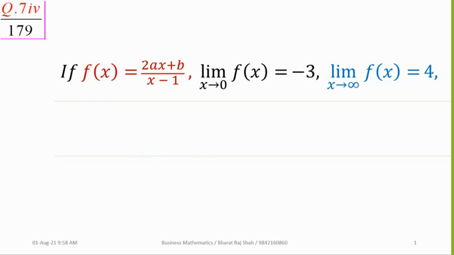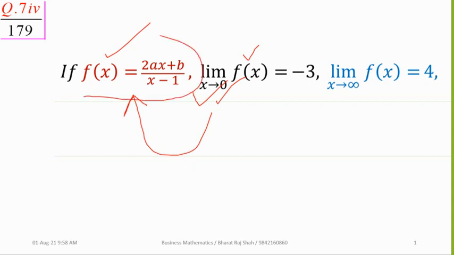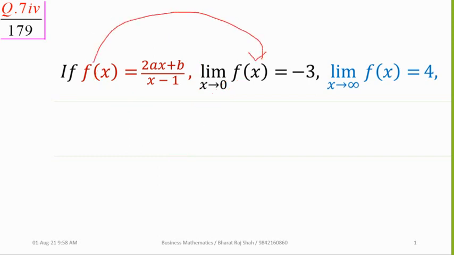And what more have we been given? If we find the limiting value of the same function, this function, for x tends to 0, then its limiting value will be −3.